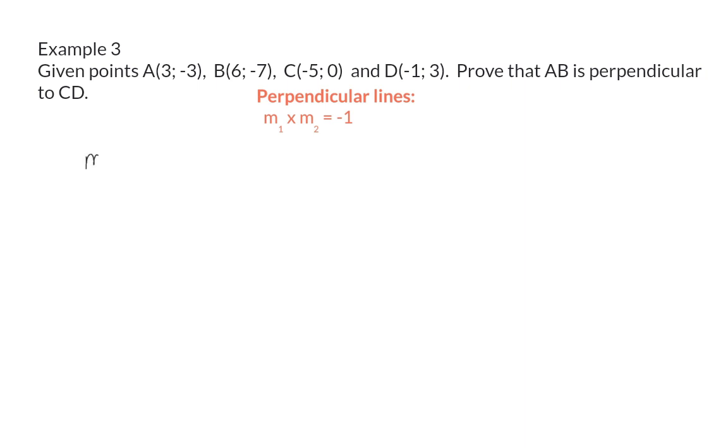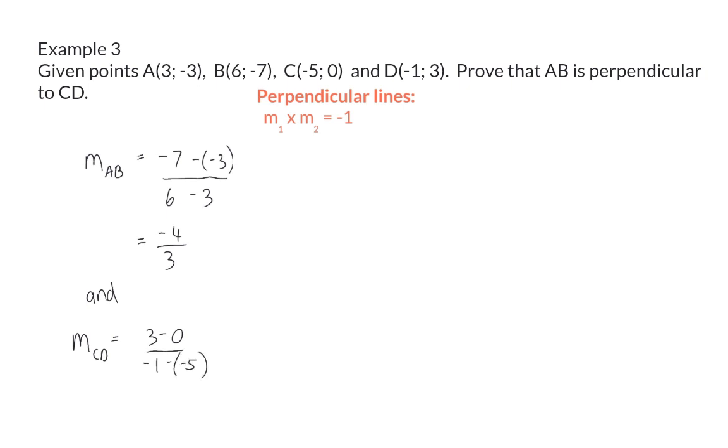So I'm going to start off calculating the gradient of AB, and for that I'll have -7 minus -3 over 6 minus 3. This gives a gradient of -4 over 3. And now I'm also going to determine the gradient of CD, starting with the difference between the two y values and dividing that by the distance between the two x values.